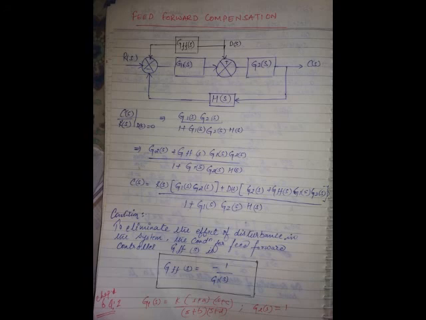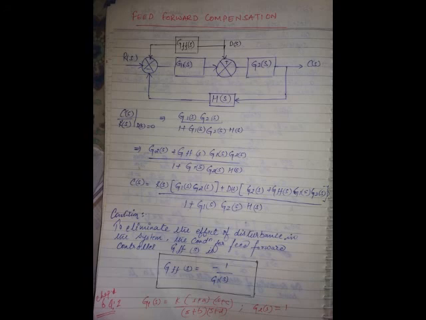This scheme is called the feed-forward compensation scheme. That means there is already one controller here, and you are using one more controller and placing it in this feed-forward path. When you place a controller in this path, the effect of disturbances will not be felt in the system at all.